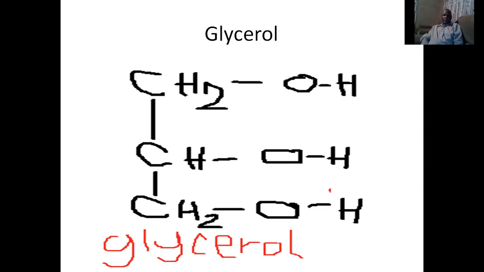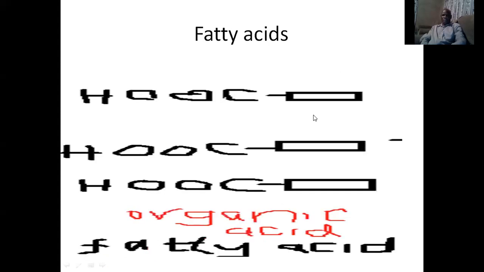It is very important to know it in that form. And so we note that the glycerol molecule is in this manner. And so we look at the other one, which we have to combine with the glycerol. And these are fatty acids, or an organic acid.